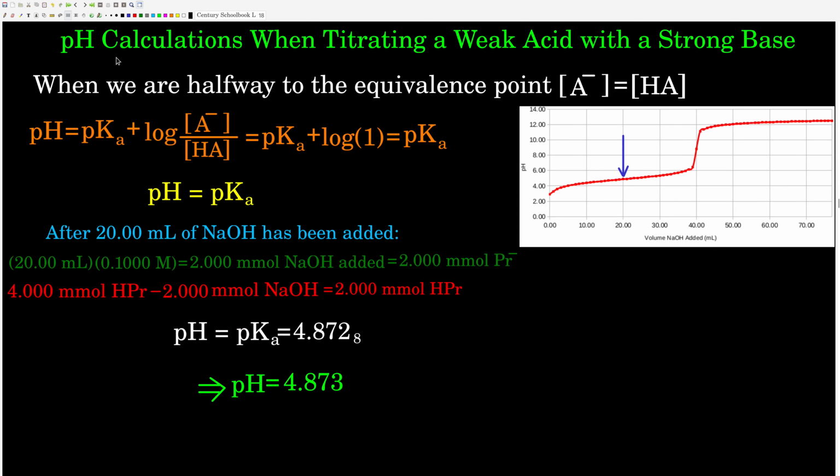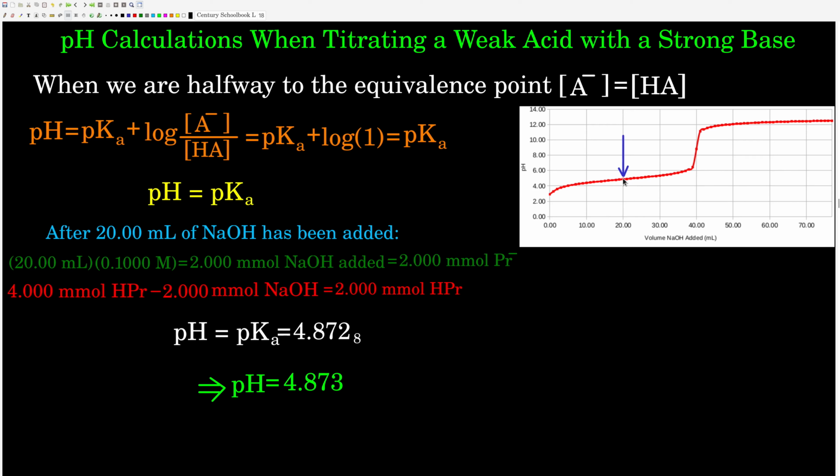Now, there's a special point on a titration curve, which is what this is, and that is the point at which the concentration of the conjugate base and the weak acid are equal to each other. The reason that's really nice is that if this is the equivalence point, and as long as these are equal concentrations, this will be halfway.